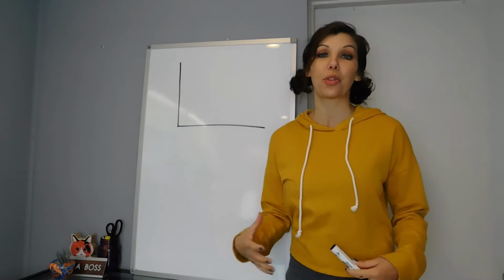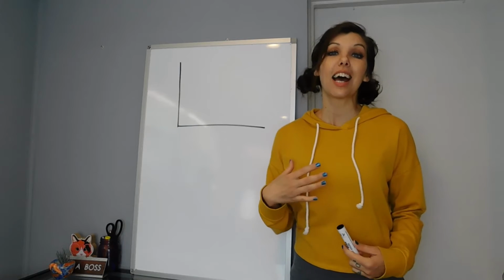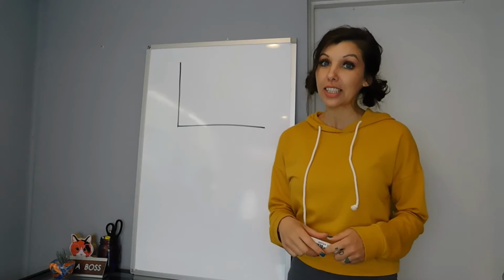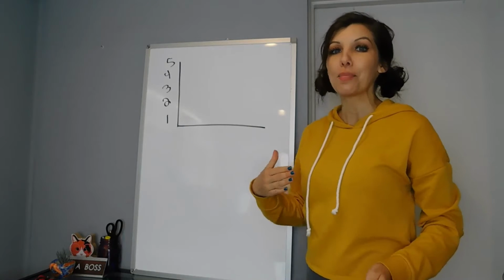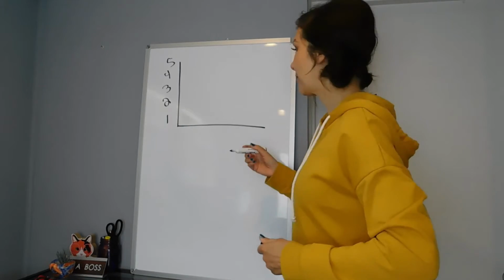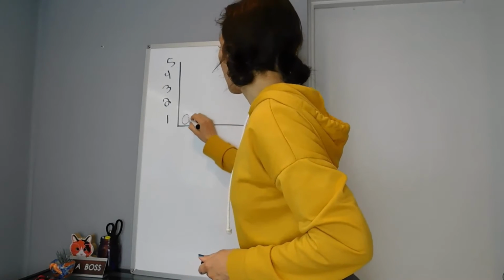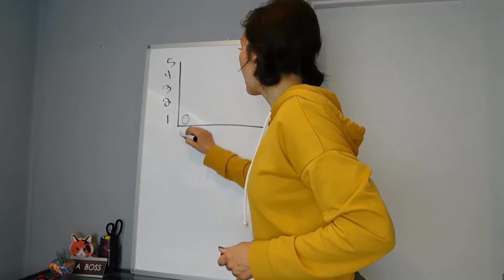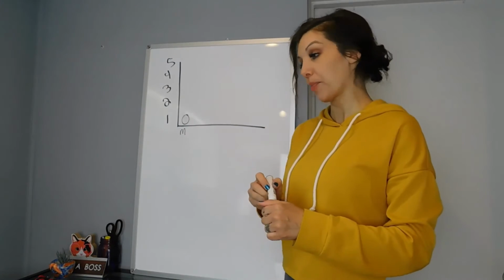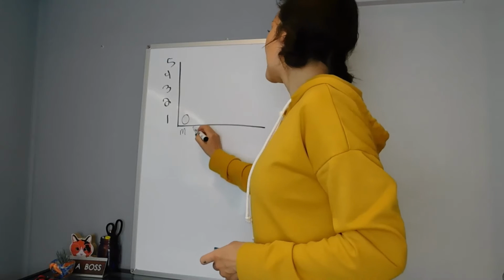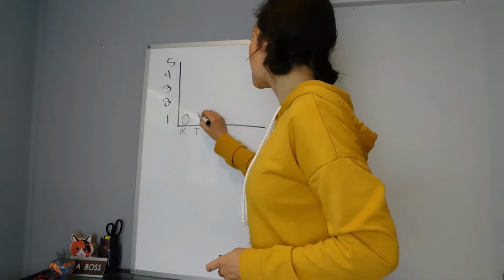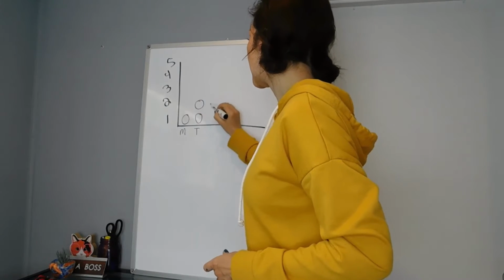So let's work through an example. Say that I am counting the number of cookies I eat in a week. So let's say on Monday I eat 1 cookie. I'll draw my cookie there and write an M for Monday. And on Tuesday, let's say I eat 2 cookies.